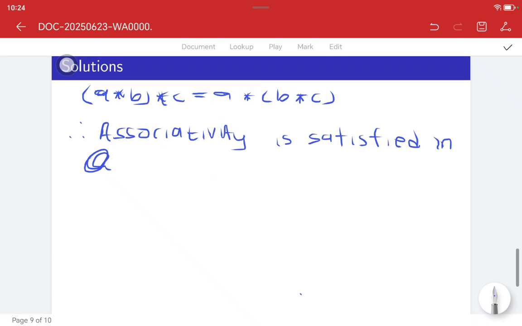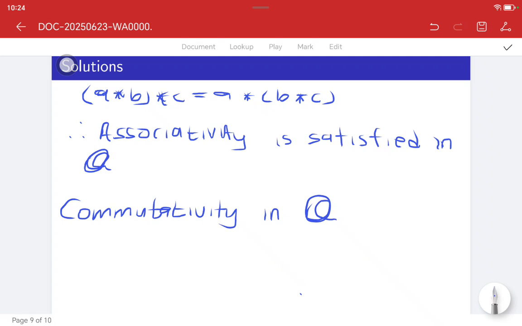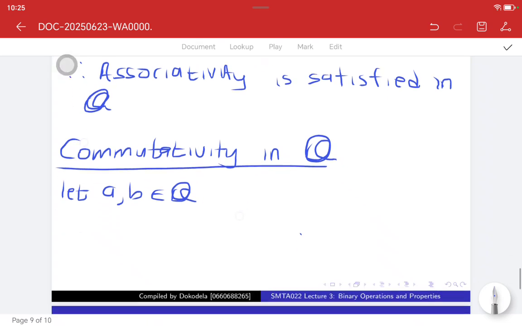So now we come and say commutativity in Q. For commutativity, we let two elements be an element of Q. The aim of commutativity is to show that A star B is equal to B star A. Here we know that A star B is 5AB over 17.